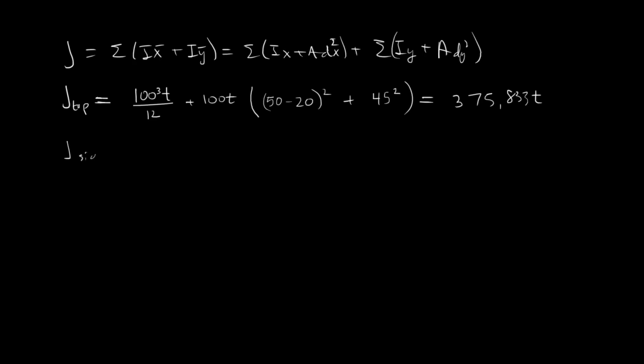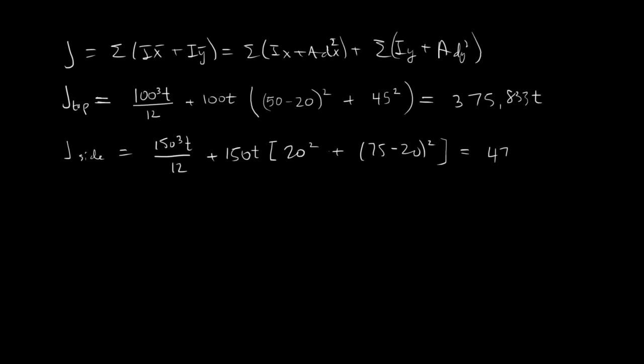Then if we look at the polar moment of inertia for the side, this is equal to 150 cubed times t over 12 plus the area, plus the distance from the side weld to the centroid, which is 20 squared, that's the delta x, plus the delta y, which is 75 minus 20, squared, and that works out to be 250 t.